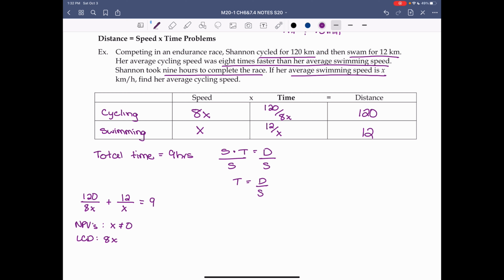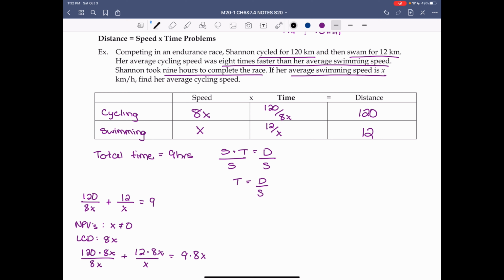We want to multiply our equation by 8x. We get 120 times 8x over 8x plus 12 times 8x over x equals 9 times 8x.